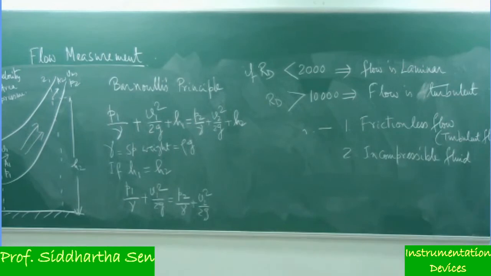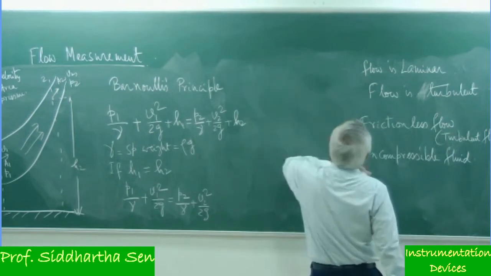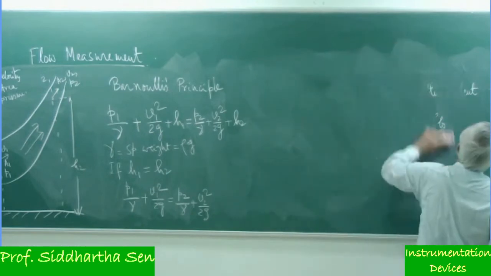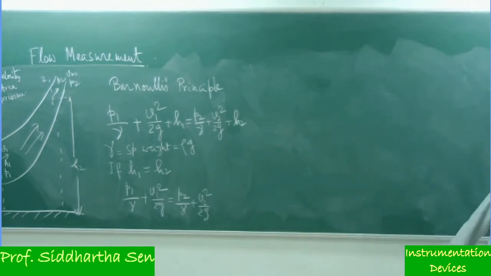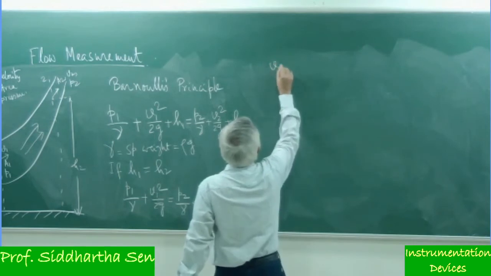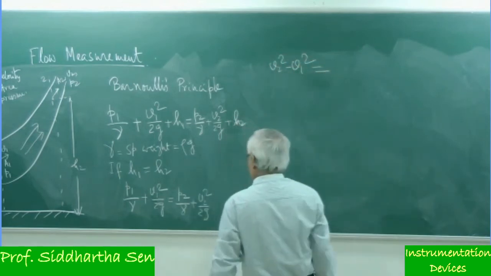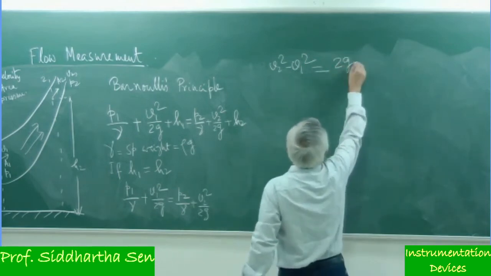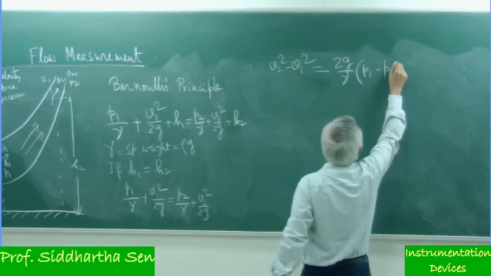And I can write that V2 square minus V1 square is equal to 2G by gamma into P1 minus P2.